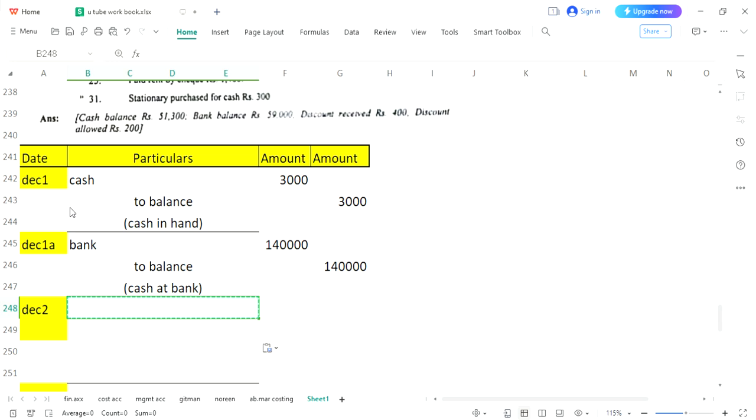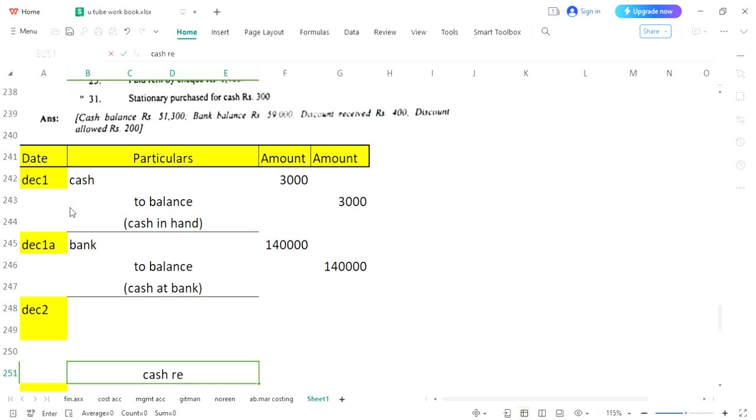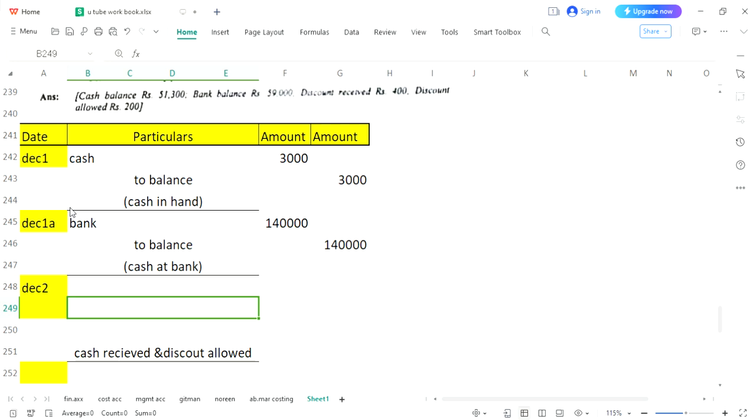Okay guys, we have cash received and discount allowed. This is our narration. Cash received means cash is coming in.